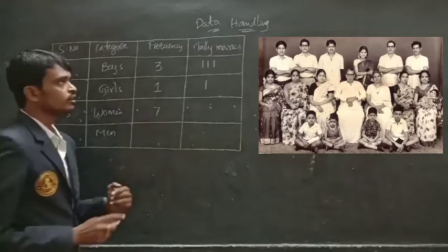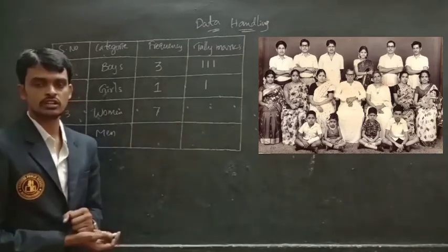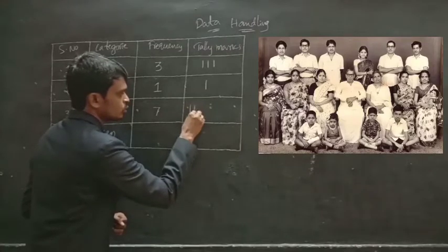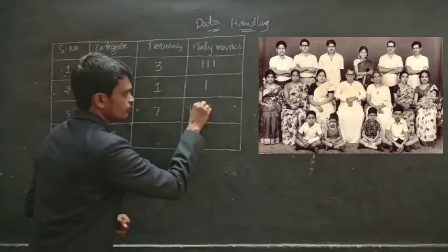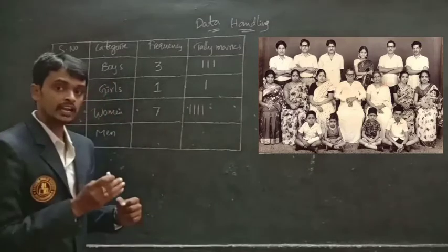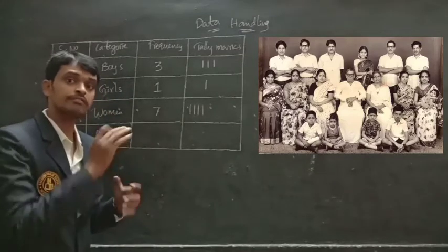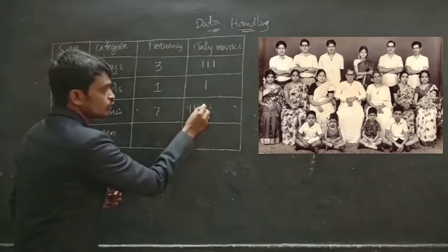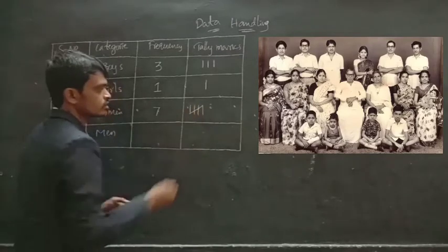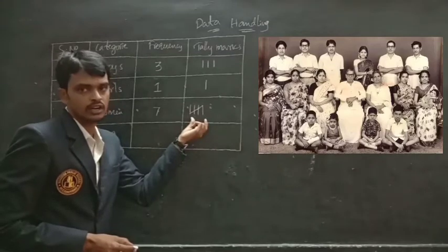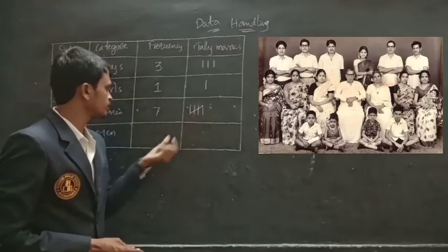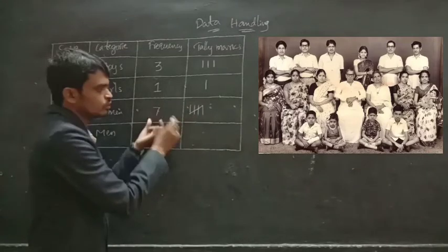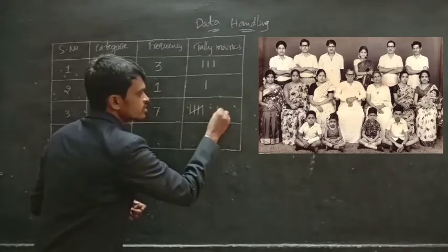Now these 7 will be represented as tally marks. We write tally marks as a group of 5: after 4 lines, the 5th line we cross over the 4 lines. Then it is a group of 5 tally marks. The remaining 2 we draw separately.